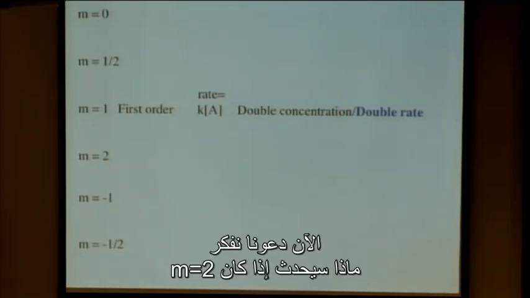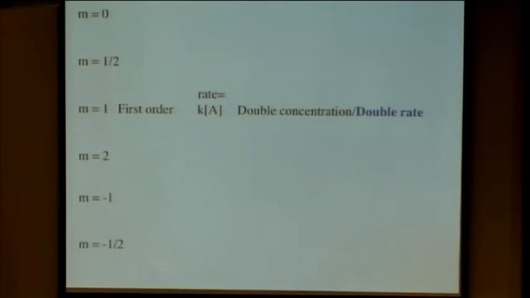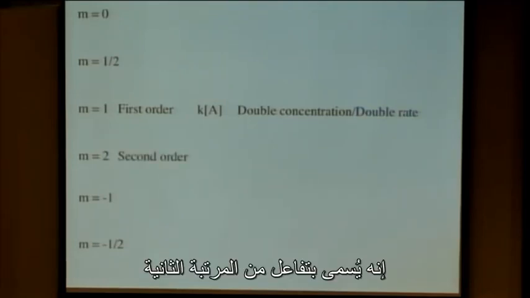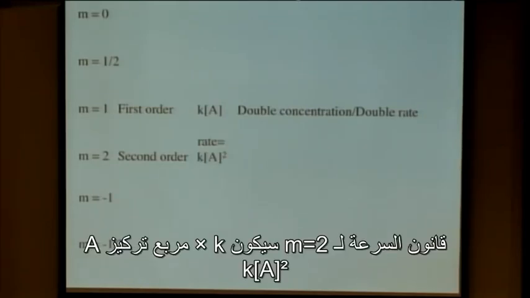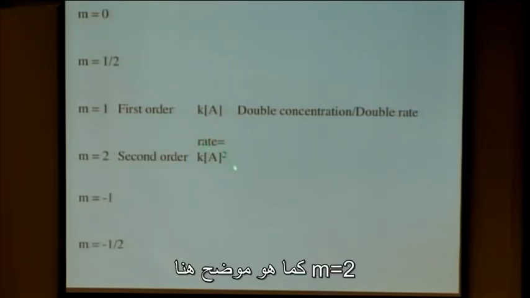So now let's think about m equals 2. See on your handout that that's called second order. Again, these names make sense. The rate law for this would be k times the concentration of A squared, so m equals 2, and that's shown over here.